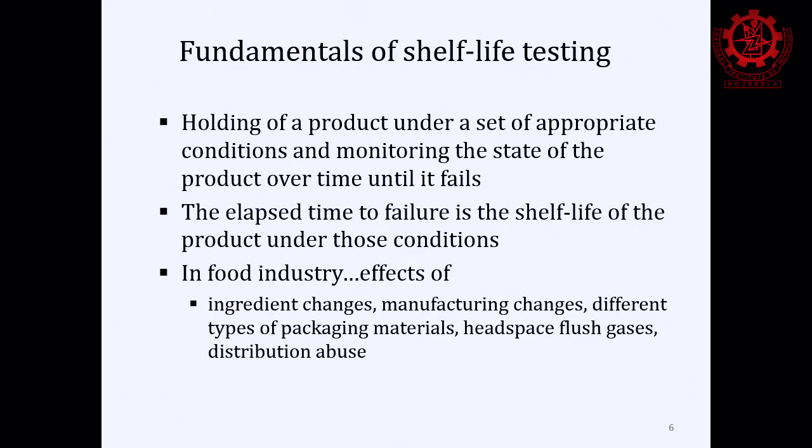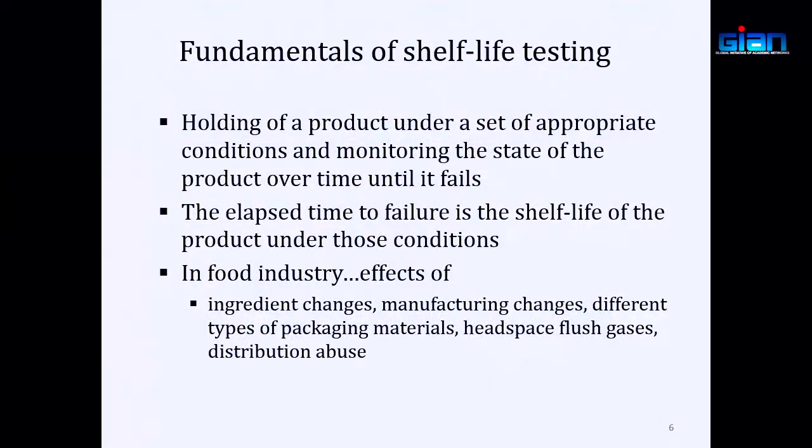And the food industry does this very frequently. In fact, shelf life research is not done much in universities. It is mostly done in the companies. So the food industry does it to learn the effect of ingredient changes. For example, they are preparing biscuits using some ingredients, right?